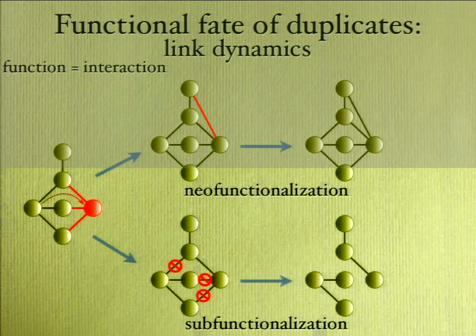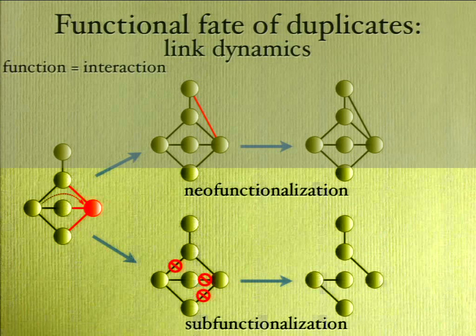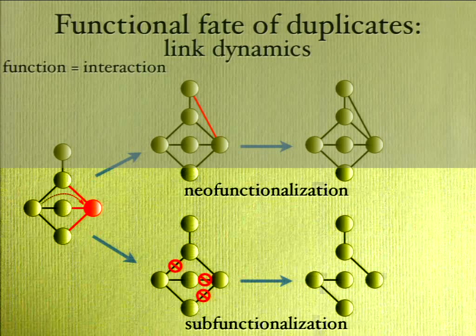And as you can see here, after duplication, the two fates: neofunctionalization, the acquisition of a new function, is followed with a new interaction between two proteins occurring that hadn't occurred before, a de novo interaction. And its complement down on the bottom, subfunctionalization, is that those interactions are then partitioned between the two duplicates.